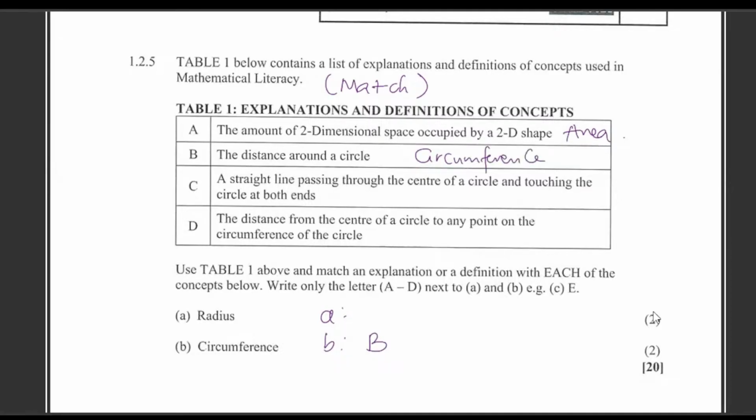A straight line passing through the center of a circle and touching the circle at both ends. This is a diameter. Then the distance from the center of the circle to the point on the circle. So that's it. So our A was supposed to be radius.